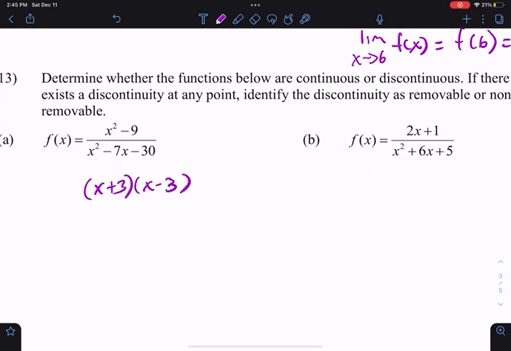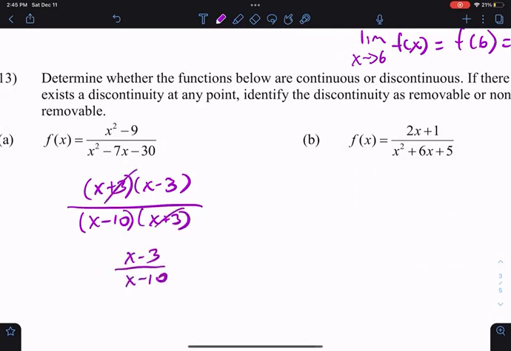And here I'm going to get x minus 10, x plus 3. So this cancels, so you get x minus 3 over x minus 10. Now, because you cancel the numerator and the denominator, that means that we have a hole, right? There's a hole at x equals -3, right?